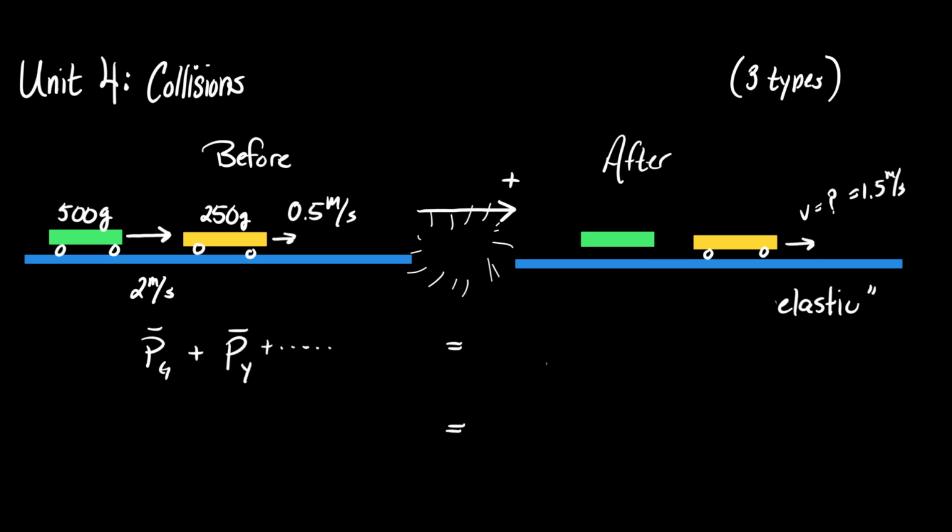What do you think is the result of an elastic collision? What do you think is special about it? All the energy is transferred from one body to the other. Not necessarily transferred from one body to the other, but there's no energy lost in the collision. So in an elastic collision, the energy stays the same.